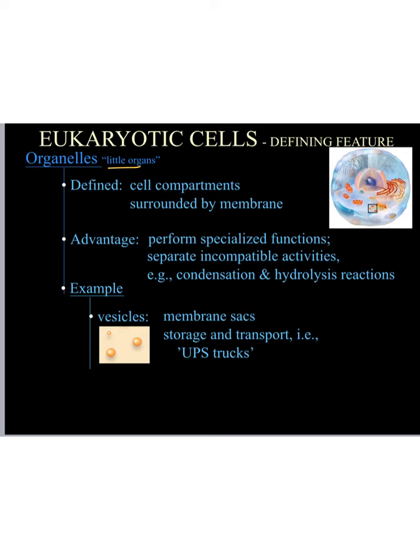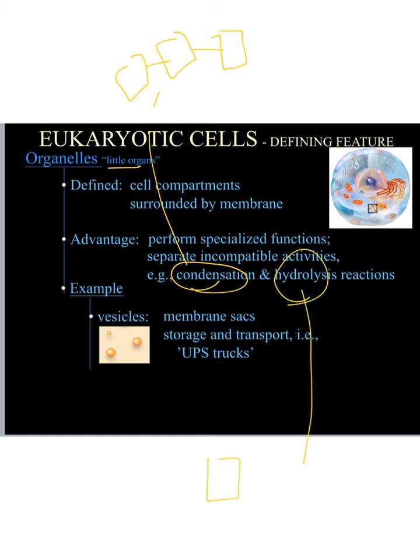So for example, remember our condensation reactions? These are reactions that take little things and put them together to make a big thing. And then remember our hydrolysis reactions, where we take a big thing and we break it apart to make little things, okay?